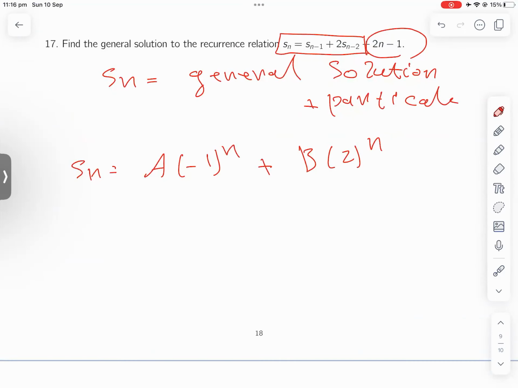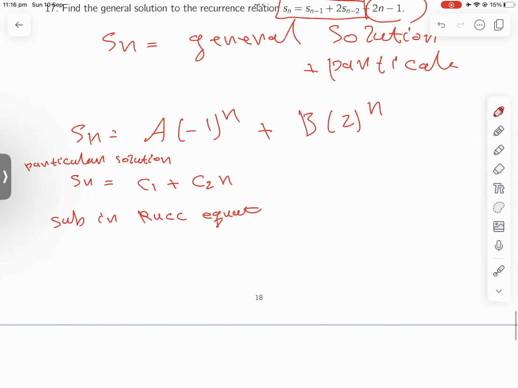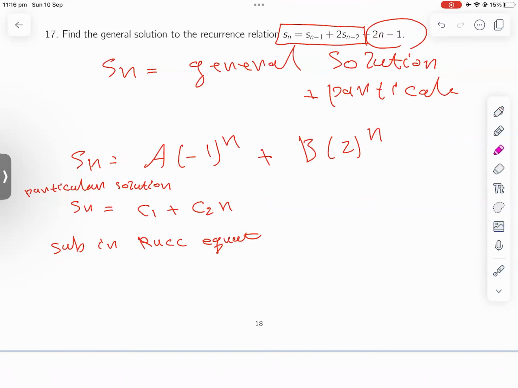Particular solution: Sn equals C1 plus C2n. So I will substitute it into the recurrence equation.